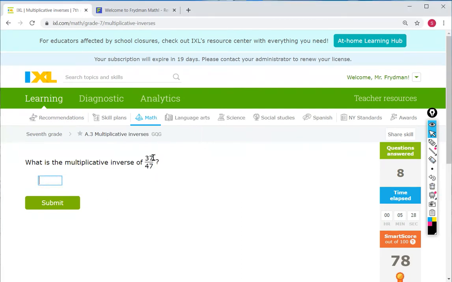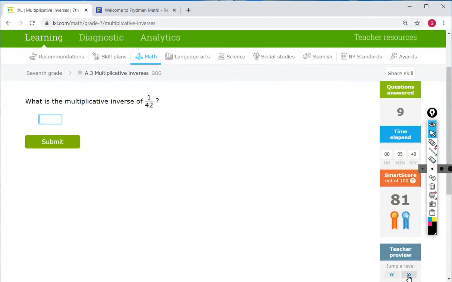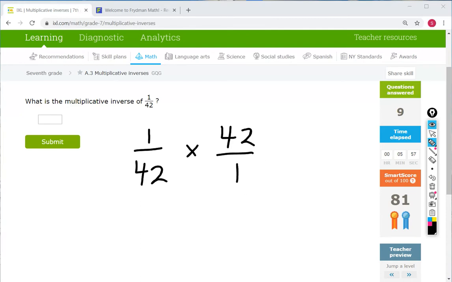Okay. Here I'll put the 37 in the denominator, and I'll put the 47 in the numerator. That's that. Okay, so let's continue. Well, here, since I have a 1 in the numerator, if that goes in the denominator, we have 1 over 42 times 42 over 1 equals 42 over 42, which is equal to 1.